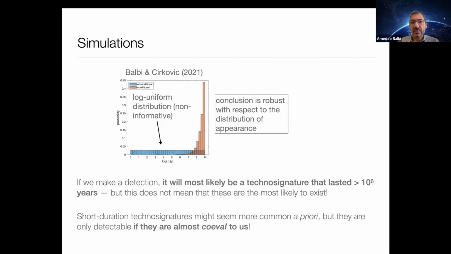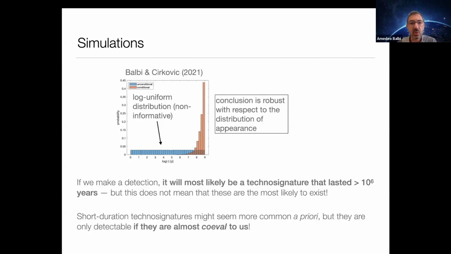You can also pick up some technosignatures which are short-lived, but in this case, as I mentioned before, they had to appear very recently, so they have to be almost precisely synchronized with our existence here on Earth.